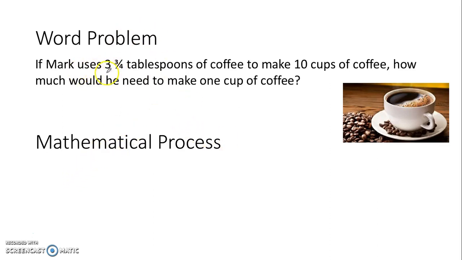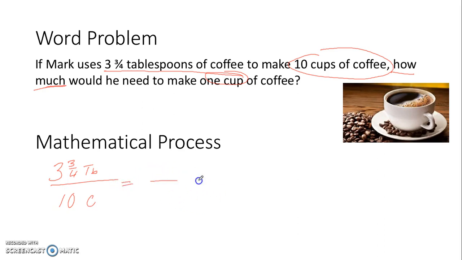So if Mark uses 3 3/4 tablespoons of coffee to make 10 cups of coffee, remember how much is what we're trying to figure out: how much would he need to make 1 cup? Okay, so 3 3/4 tablespoons of coffee to make 10 cups of coffee is equal to, we don't know how many tablespoons yet, to make just 1 cup.